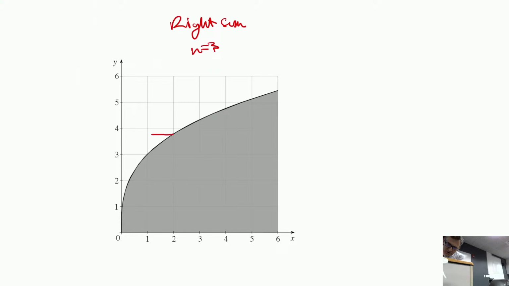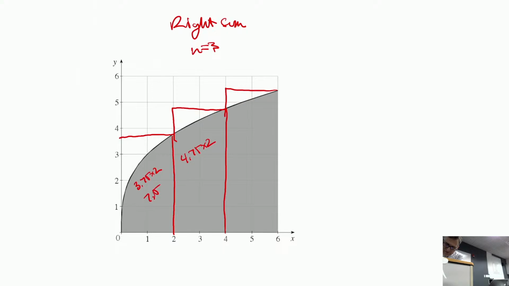You've already drawn it, I'm sure, but just in case, let me draw it here. Okay, so this is going to be 3.75 times 2, which is 7.5. This is going to be 4.75 times 2. It's really familiar, isn't it? 9.5.